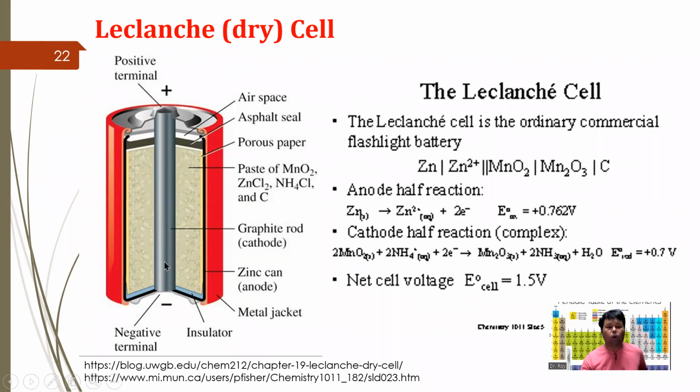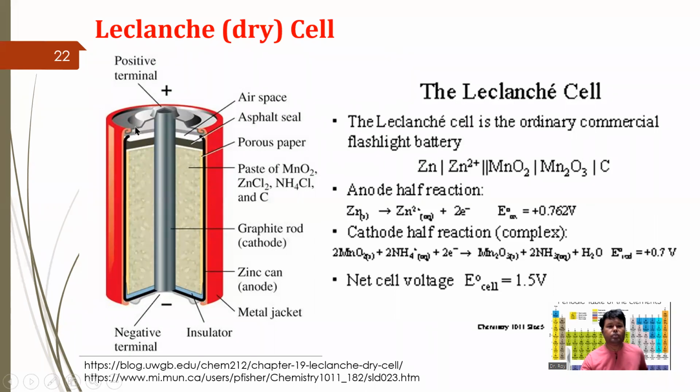Including all of them, if we make the cathode, then we can have the reaction this way: manganese dioxide plus 2NH4 plus 2 electrons, forming manganese oxide, and then ammonia gas and water. Actually we have some hole here, porous paper here, and some air space.